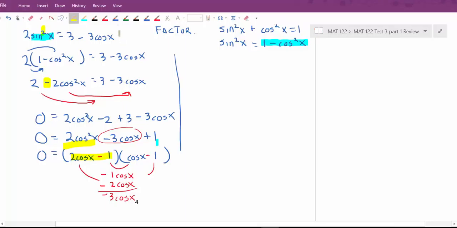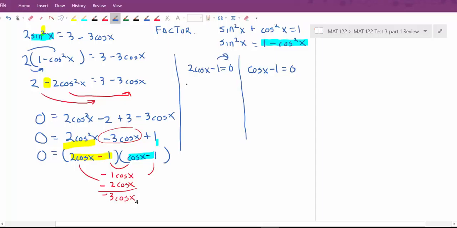So now that we have that factored, we're going to take this factor, 2 cosine x minus 1 equals 0, and go to the unit circle and solve that. Then we're going to take this factor, cosine of x minus 1 equals 0, and look at the unit circle and interpret what that is. This one you can just rearrange in your head.